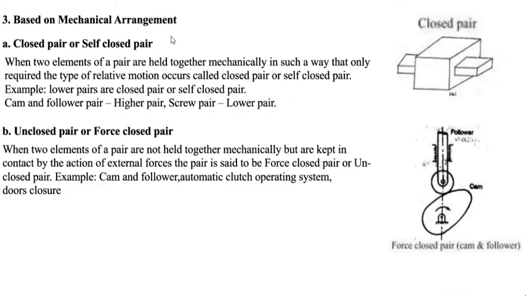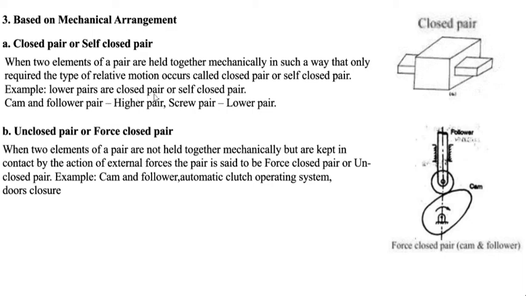Third one, based on mechanical arrangements. Closed pair or self-closed pair. When two elements of a pair are held together mechanically in such a way that only the required type of relative motion occurs, it is called closed pair or self-closed pair.